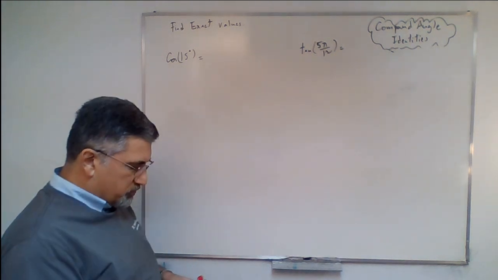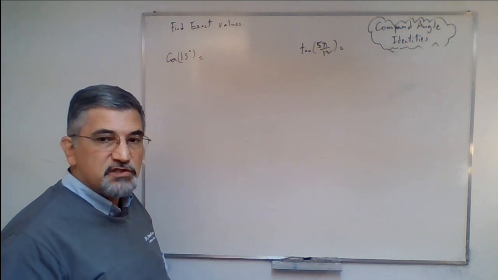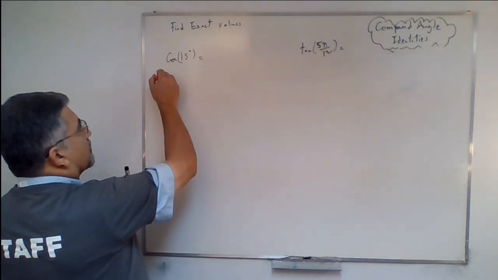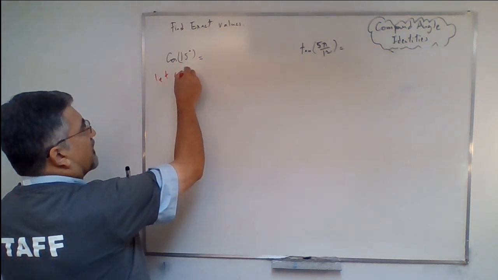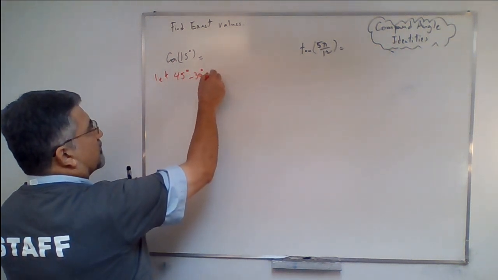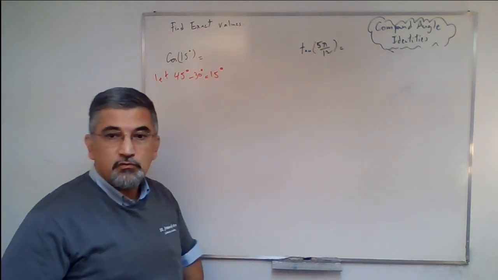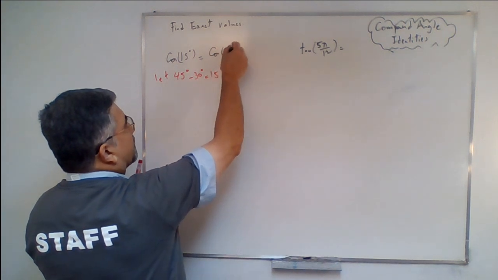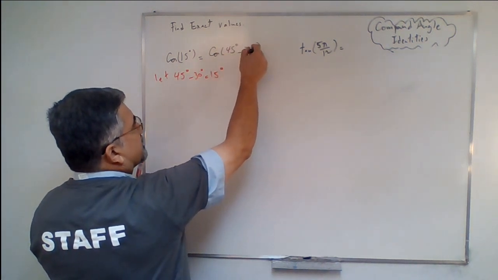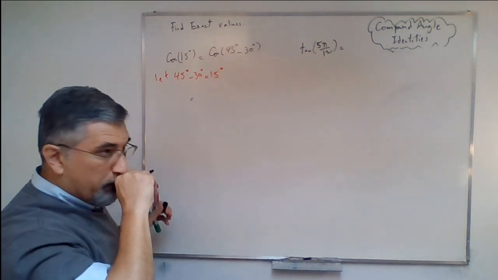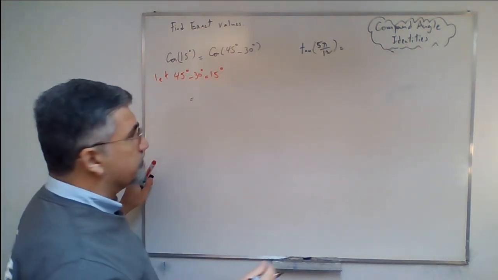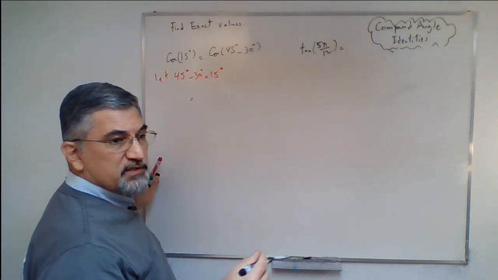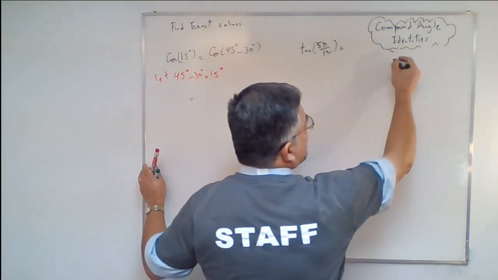So what we are going to do is think of 15 degrees as the difference between two angles. So let 45 minus 30 equal 15 degrees. So instead of 15, we can write it as cosine of 45 degrees minus 30 degrees. We can break it down basically, okay? And then we can use the subtraction formula for cosine, or one of the compound angle identities we have proved in the past.